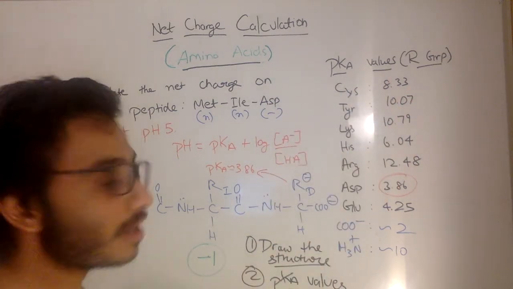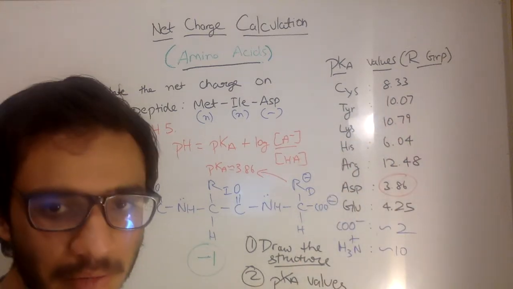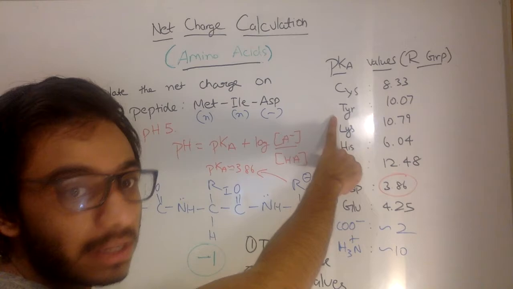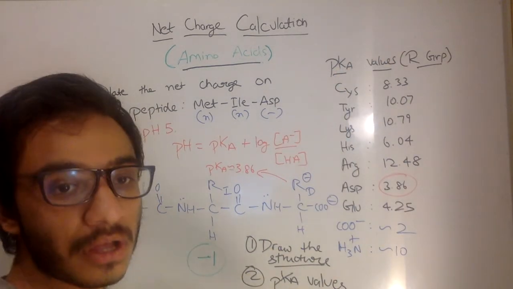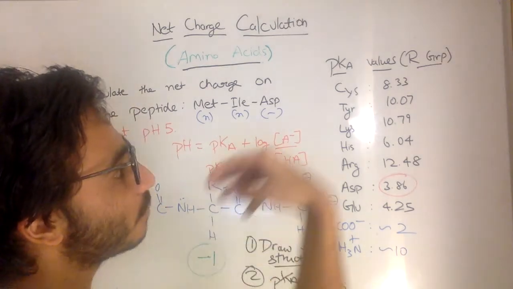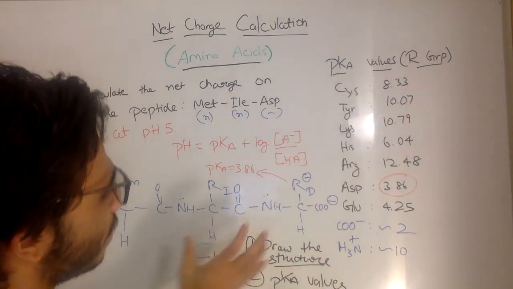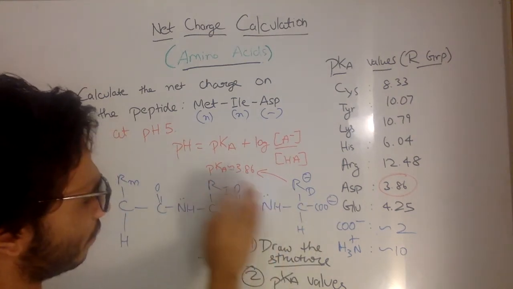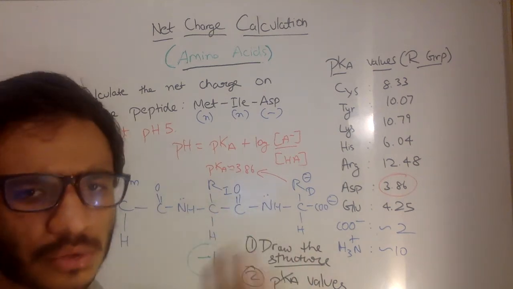For these charged amino acids, these 5, acidic and basic, and also cysteine and tyrosine, they are not charged, but their R groups are ionizable. So for these 7 amino acids, you'll have 3 pKa values to consider. But if they are inside the peptide sequence and surrounded by peptide bonds, then you don't need to consider them.